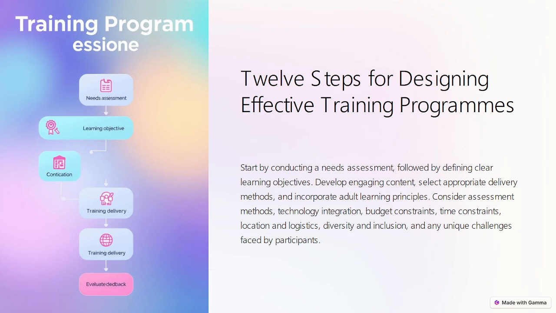Okay, and the last but not the least is measure the outcome. How are you going to measure the outcome? The final step is to measure the outcome from the training and development strategies. After all, none of these tips are helpful if you don't know what impact they have made.